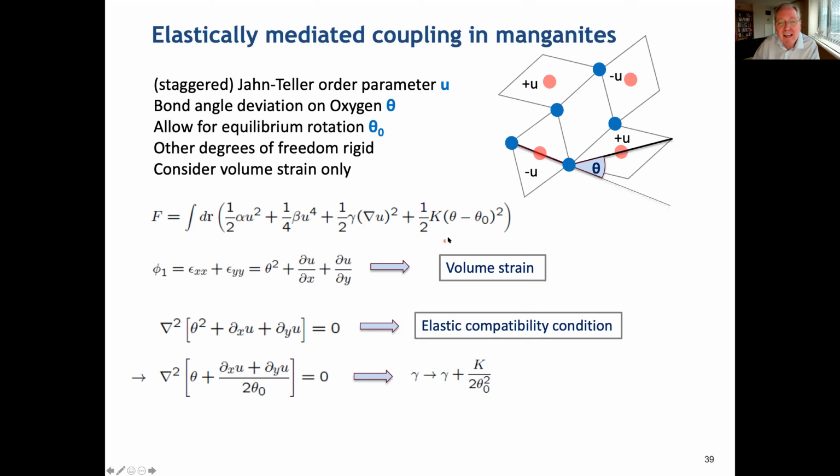And therefore, I can take this term and replace it with the square of that term, which of course then looks like grad u squared. But notice that there's a theta 0 squared in the denominator. And so that tells me that my stiffness gamma is enhanced by a factor of kappa over 2 theta 0 squared.